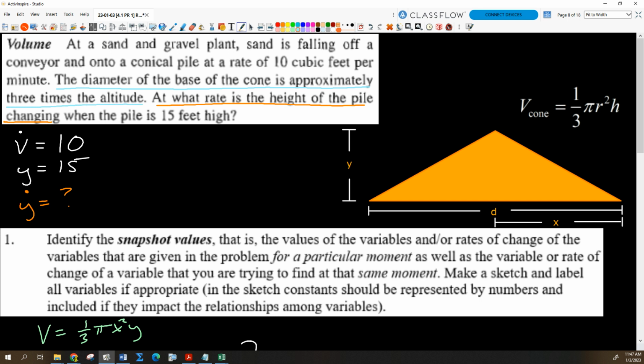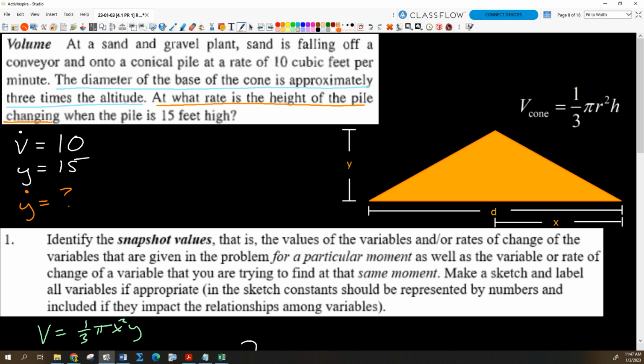The diameter is what in terms of my variables? Well, the diameter, as it's written right here, I don't have any D's. Oh, you want x? Yeah, I want x, don't I, right? Diameter is just 2x, because x is my radius.